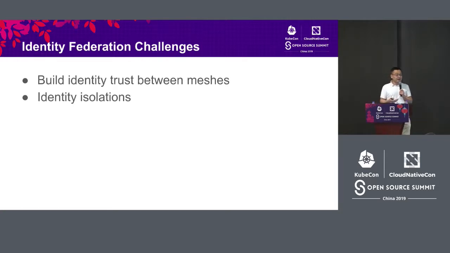And the second challenge is identity isolation. I don't want the other mesh to issue the same identity as an identity in my mesh. Otherwise, it can easily initiate an impersonation attack. Now I'm going to hand off to Oliver to talk more about how we are going to deal with these two challenges.